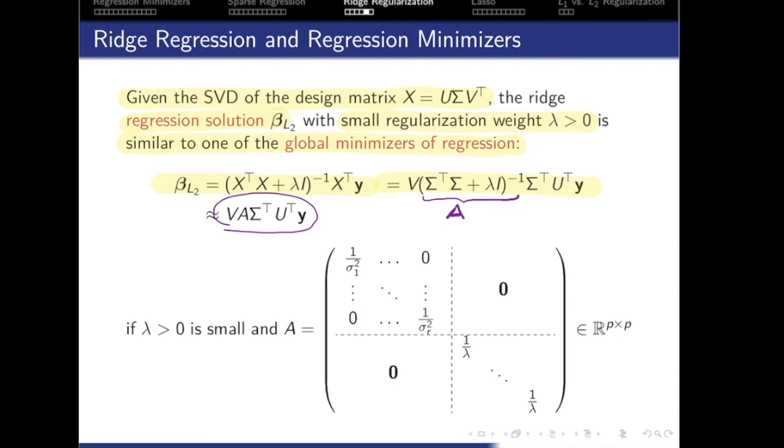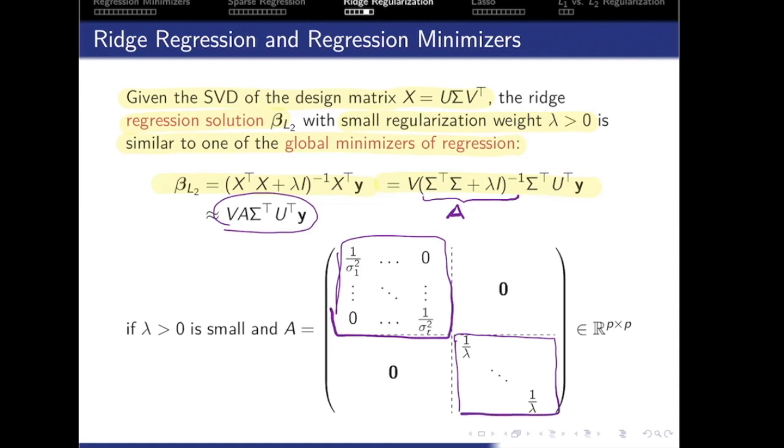Now if you have a look at this, so if lambda larger than 0 is small, and A is now given as is depicted here. So on the top left we have our invertible part of the singular value decomposition for those singular values which are actually larger than 0. And then we put in the lower block diagonal 1 over lambda.